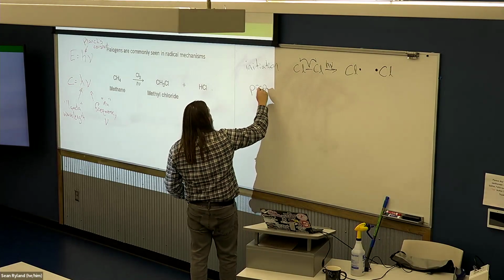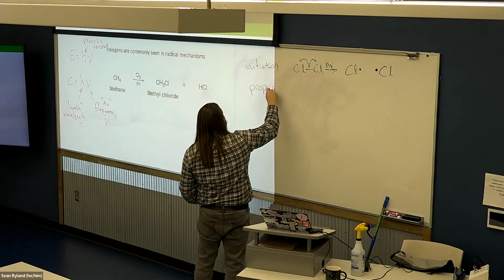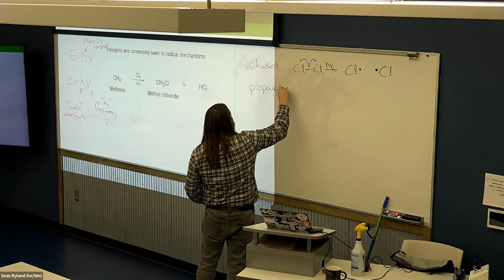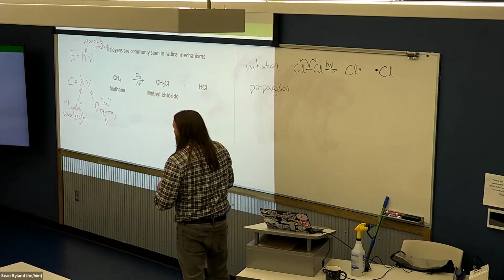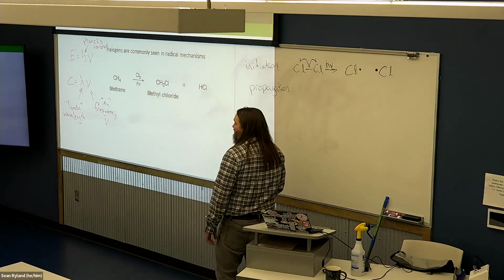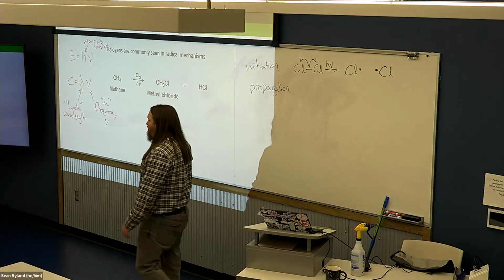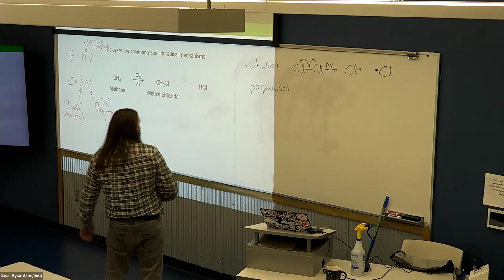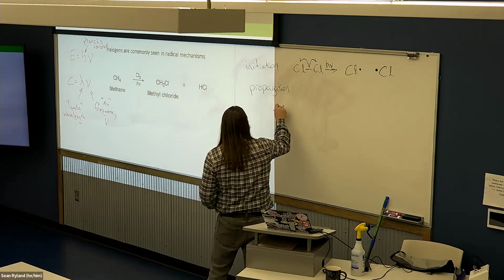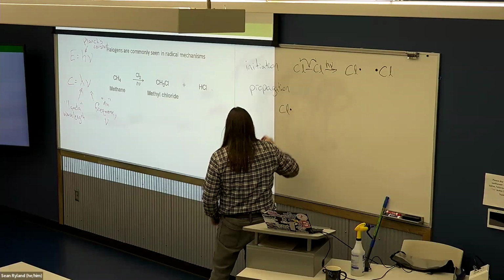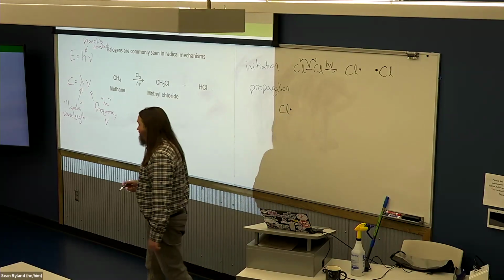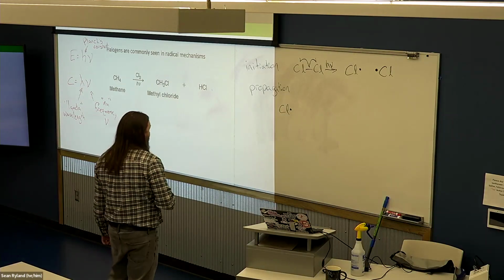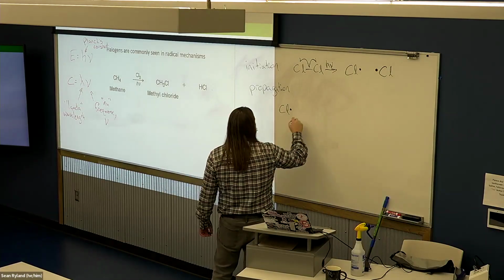So then the question is, okay, what happens after that? Propagation, which is where one of our bullies runs into something stable and makes it unhappy. It's always going to start with whatever free radical you made in step one as your first reactant in the propagation step.